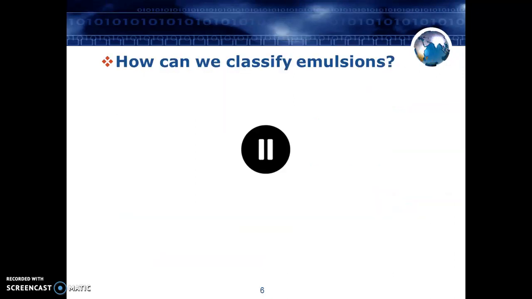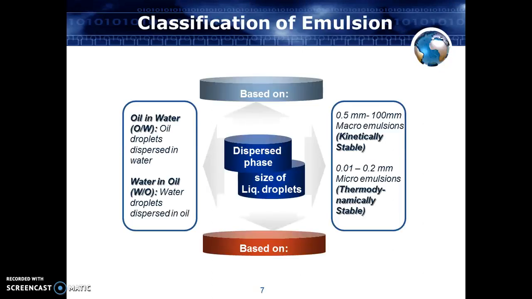Now, pause your video and think, how can we classify emulsions? And take your answer. Classification of emulsion. We can classify emulsion based on two things: one is the dispersed phase and another is the size of liquid droplets.